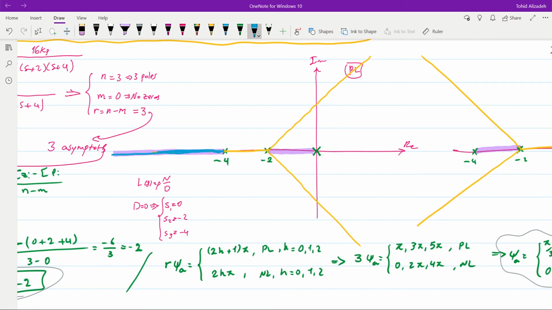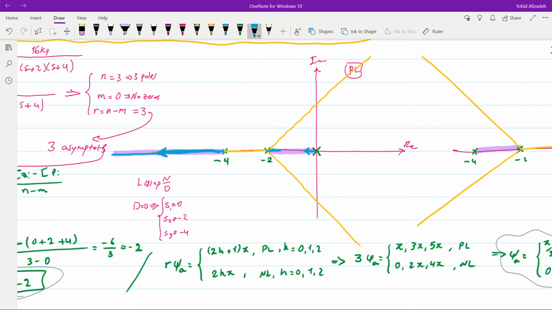So there will be one branch like this. For this pole, we don't need to find the angle of departure, as it is obvious, and it will be equal to pi.